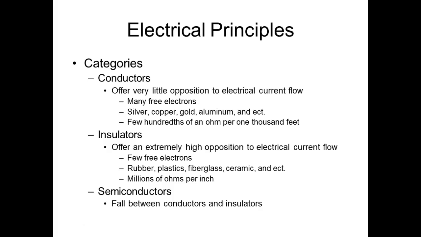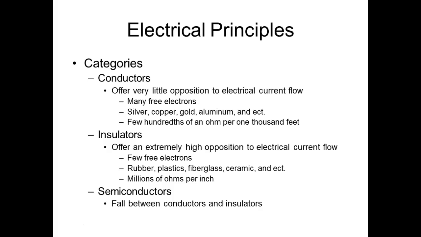Conductors very often offer very little opposition to electrical current and have many free electrons. When we say free electrons, they're not actually free, they're just easy to move. What we're trying to do in our conductors is keep these atoms balanced.